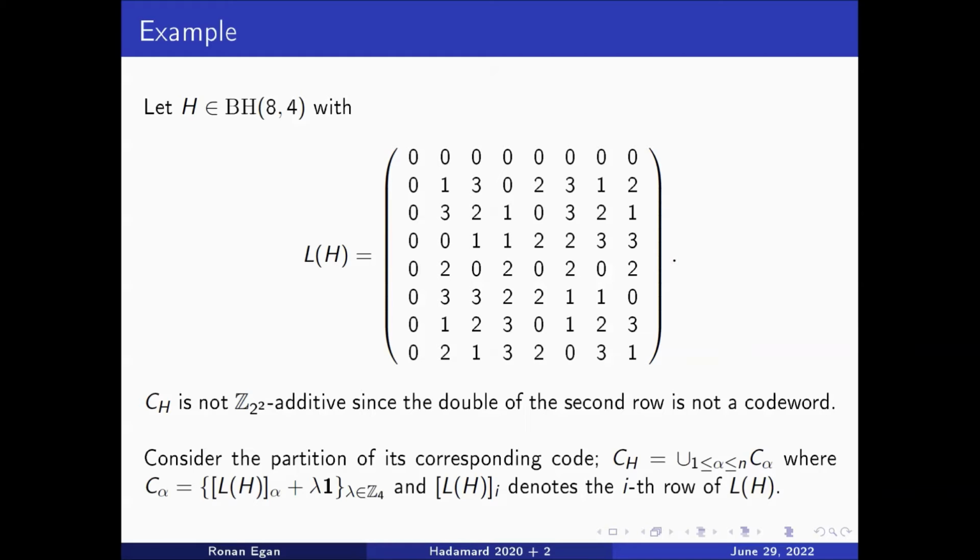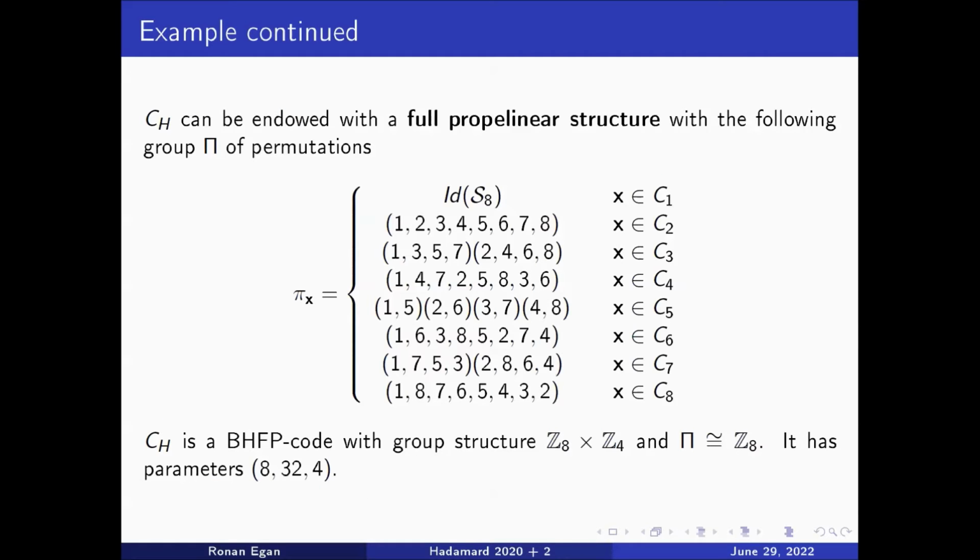And then if I define my permutation map according to this table, where if I'm in that first set, it's the identity. The second set, it's this permutation of the 8 symbols. Then this does get me this full propylinear structure. So what I have is a code that has 32 code words in it.